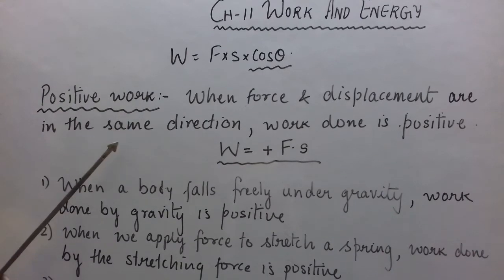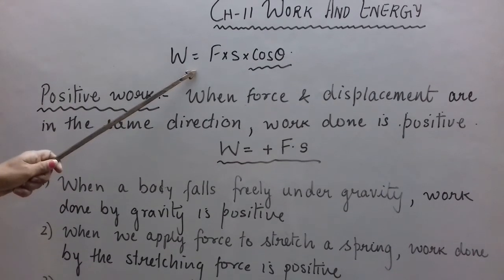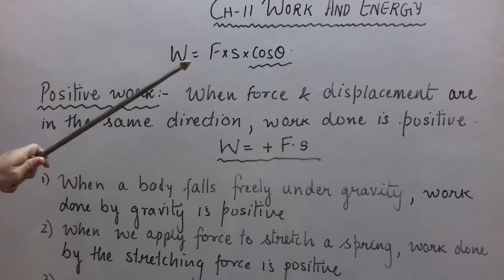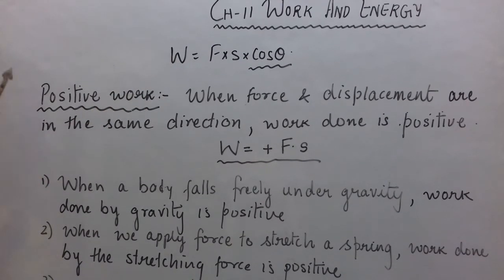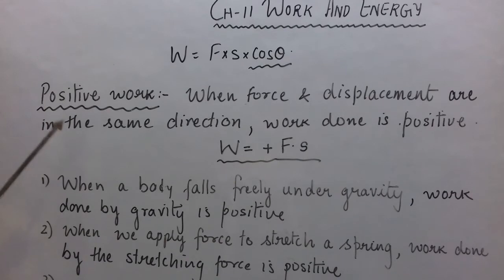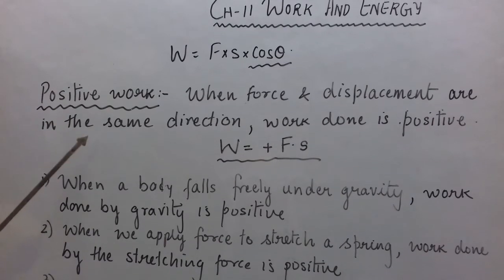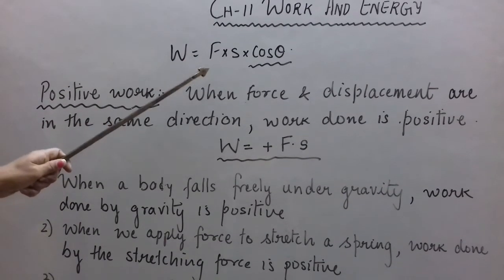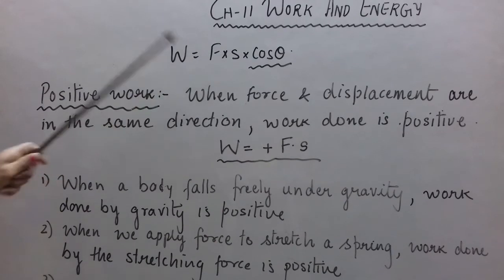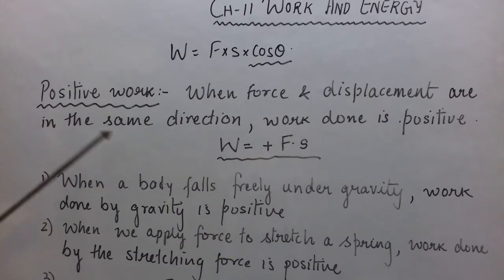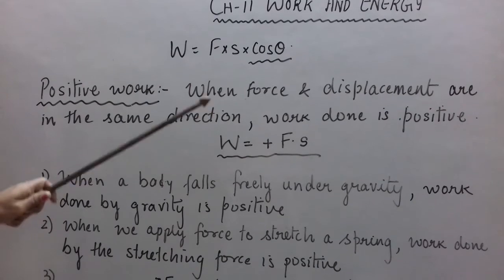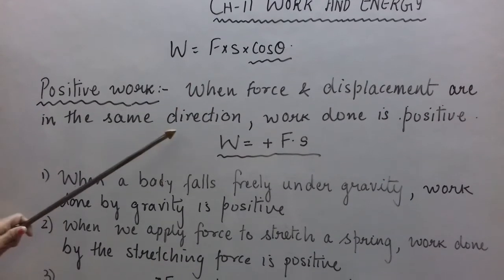But now, as you all know this equation, the basic definition of work, you know that work done is positive for this case, and it is also positive when the angle between force and displacement is acute. This is the extreme case, the maximum positive work done, when force and displacement are in the same direction.